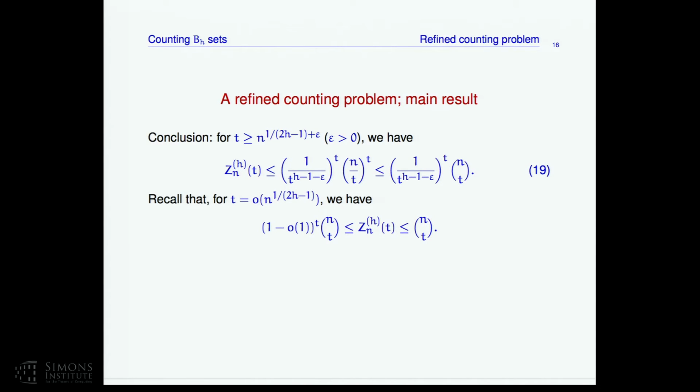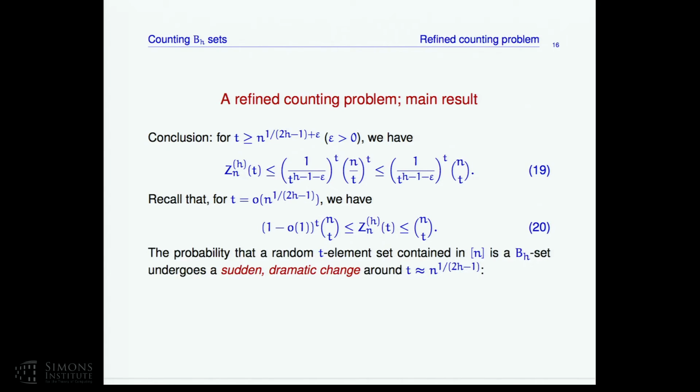And remember that when t is below this critical power of n, n to the 1 over 2h minus 1, you actually had some exponential reduction, but the base was very close to 1. So this shows you the gap that you have before and after t crosses this critical power of n to the 1 over 2h minus 1.